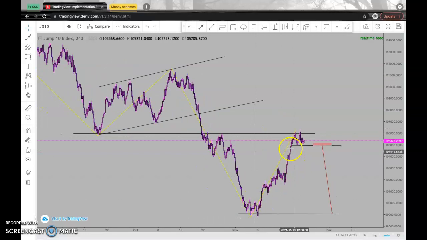So all of this that we're looking at here is just a retest pullback type of formation, right? And it's almost identical to what happened here.